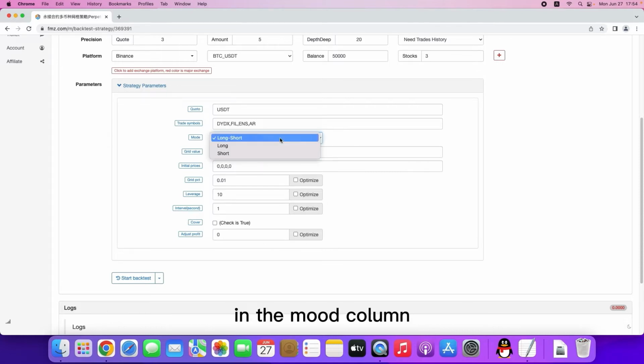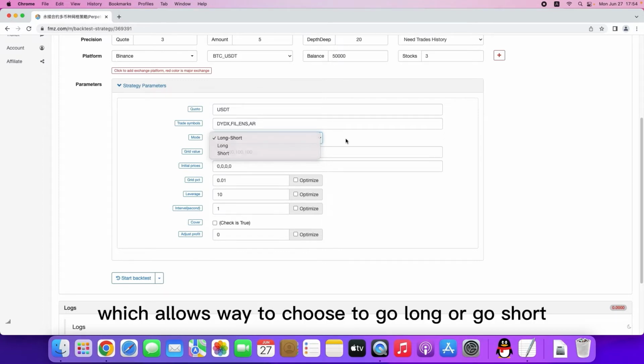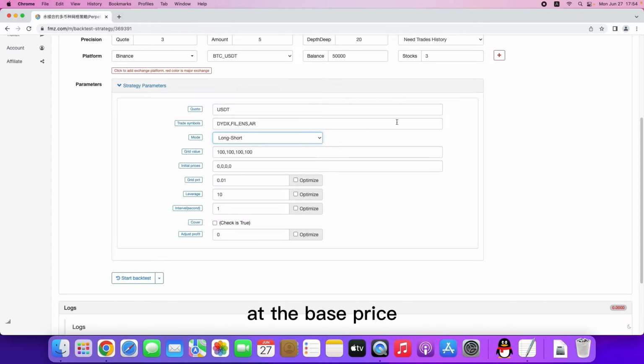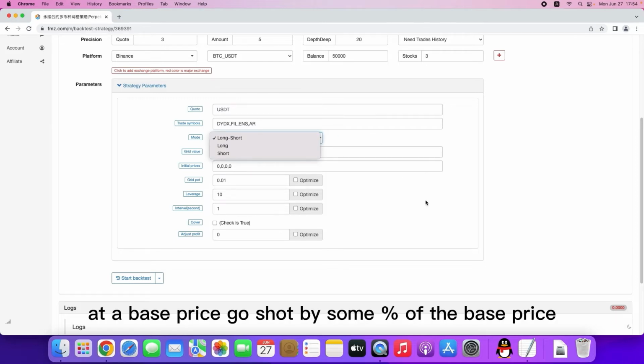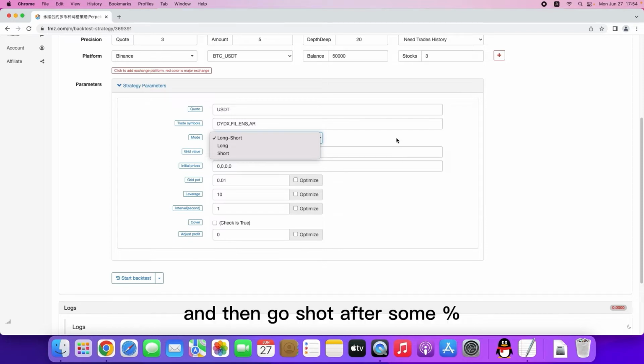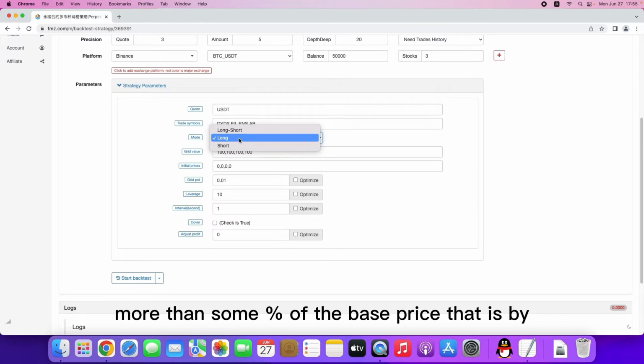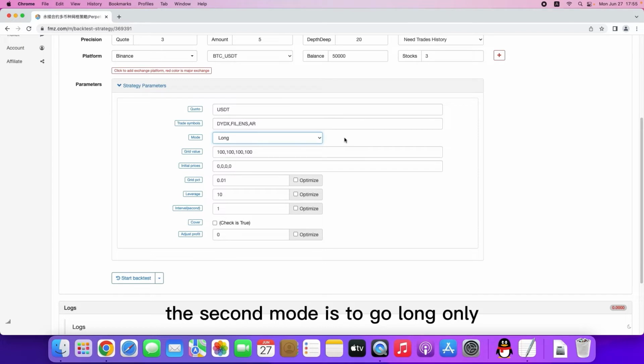In the mode column, we can choose the grid mode, which allows us to choose to go long or go short at the base price, and do them all at the same time. For example, at a base price, go short by some percent of the base price, and then go short after some percent. Go long when it falls more than some percent of the base price, that is, buy. The second mode is to go long only.